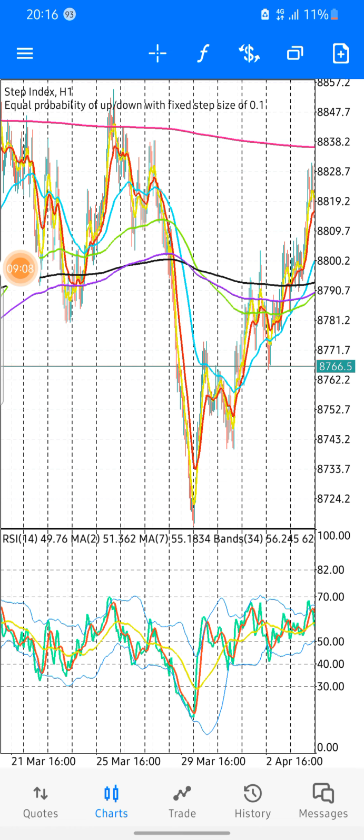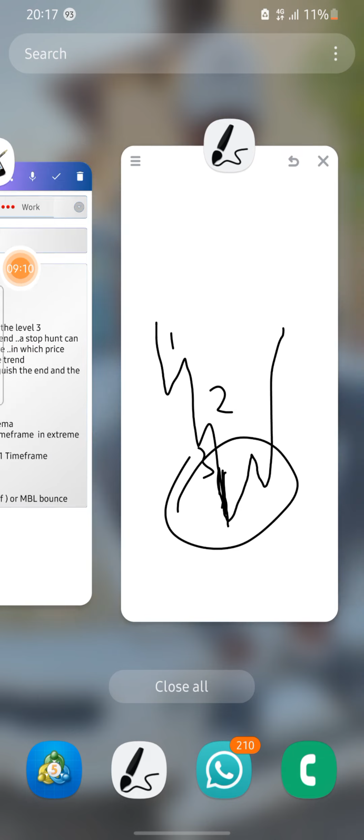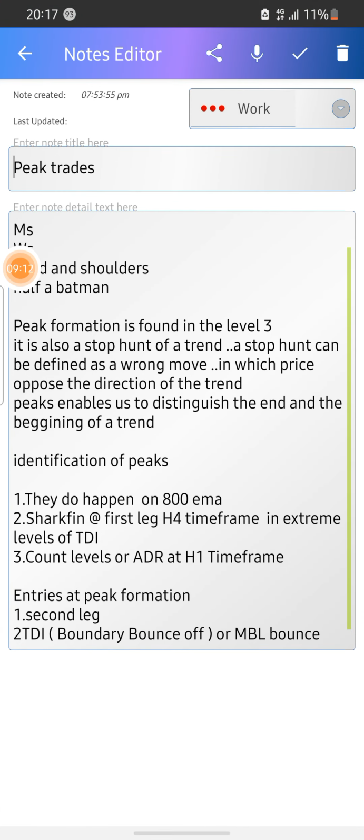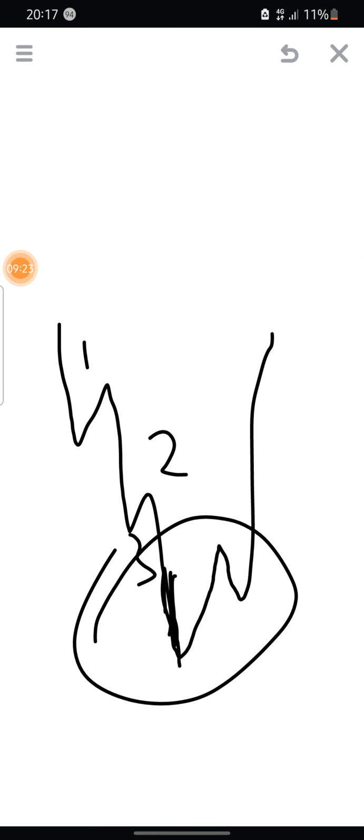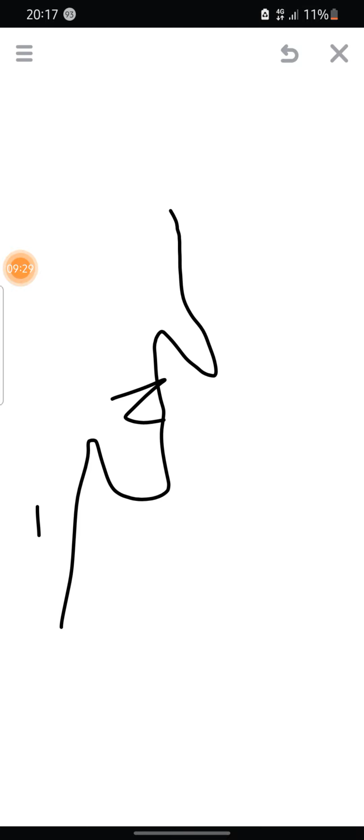We want to continue, let me go back to my notes. We're saying peak formation. We usually find a peak formation in level 3, as I have illustrated here, after having completed our 3 levels, right? 1, 2, 3.